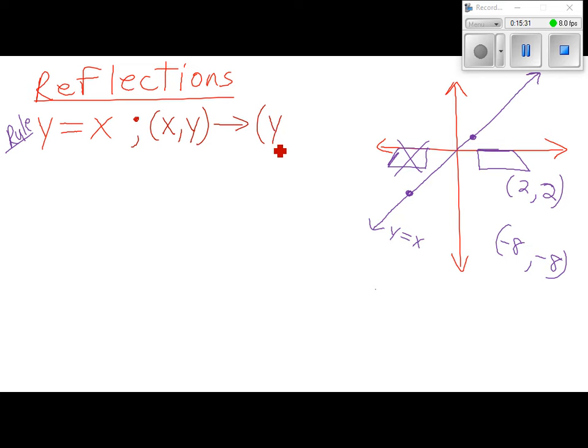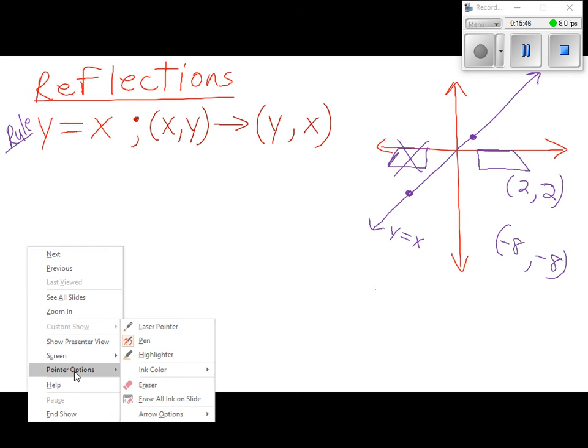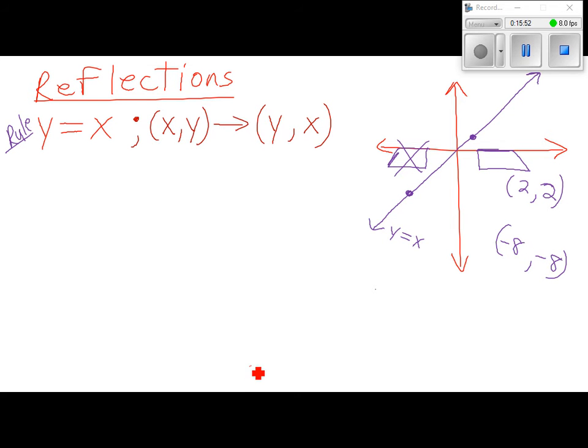Just flips them, (y, x)? Is that how it is? Does everybody agree with that? So you've got to use that rule.